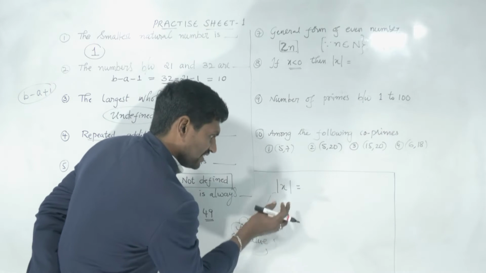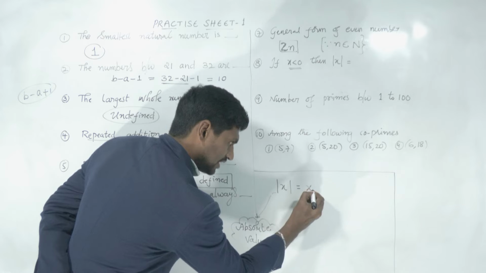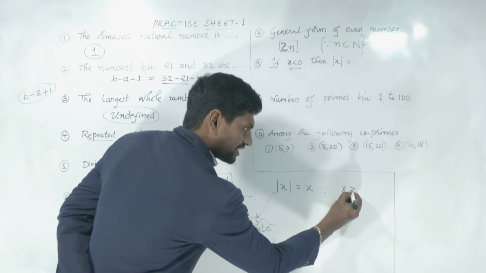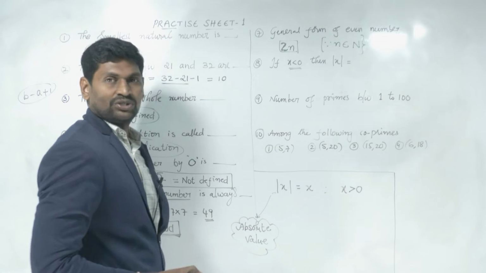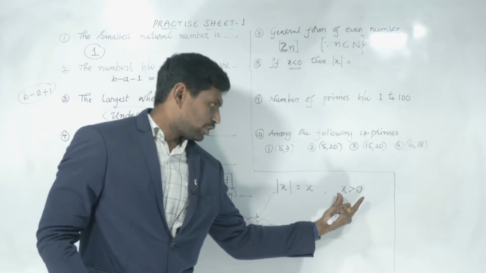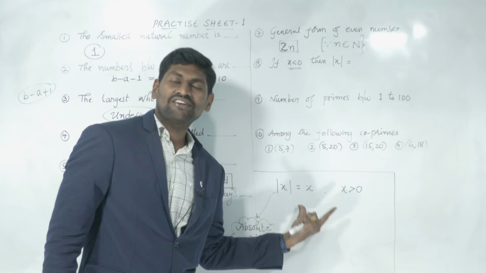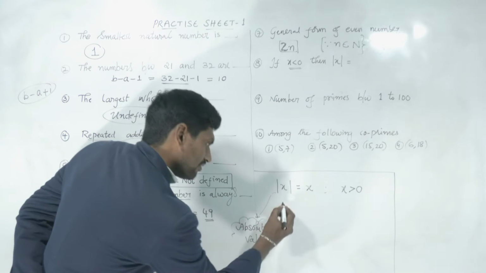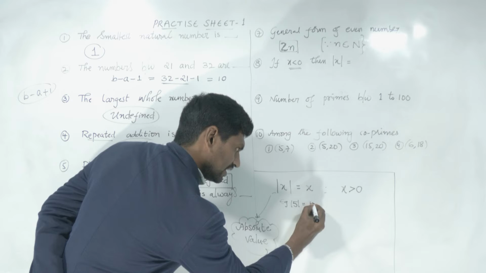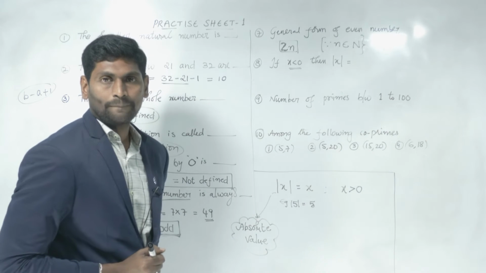The first condition is modulus of x is x only. It is possible where the x value is greater than 0. That means if you take any positive number, greater than 0, it gives the answer positive only. For example, modulus of 5 is 5 only, because 5 is a positive number.